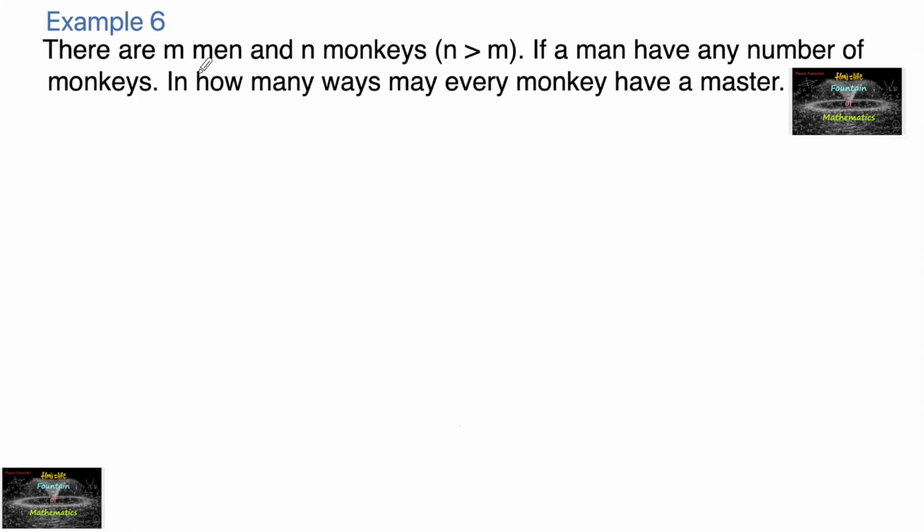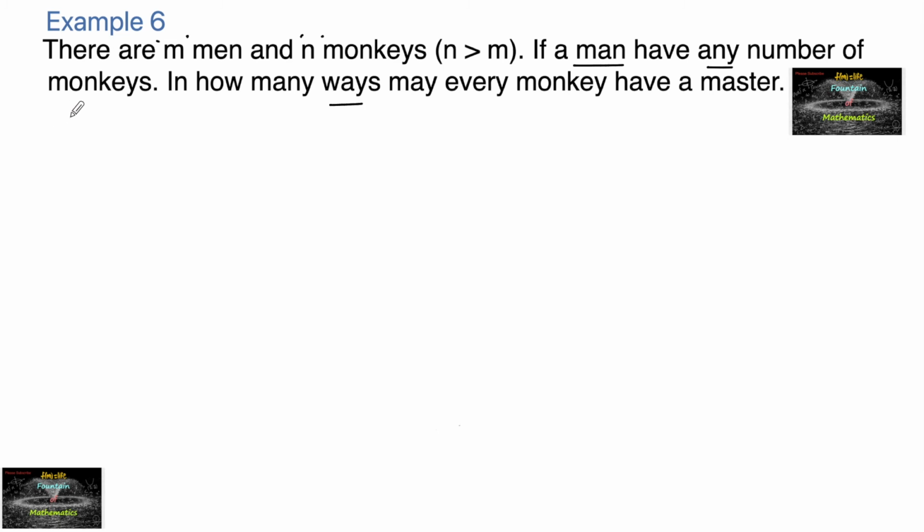There are m men and n monkeys, where n is greater than m. If a man can have any number of monkeys, in how many ways may every monkey have a master?